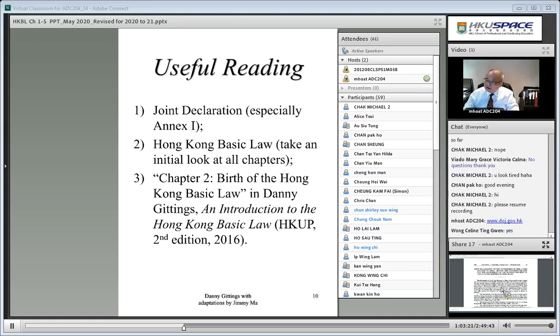Yeah, that's good. It's actually from the UN website, and you will see this is the Joint Declaration itself. Let me see if you can actually see the signatures. Let me see if this is that one.